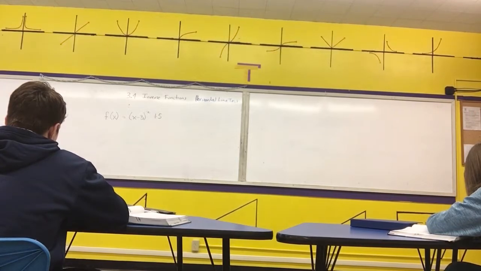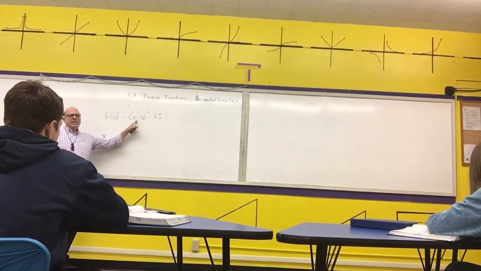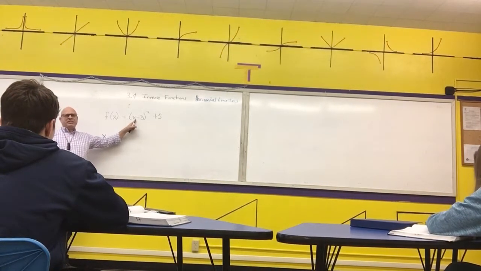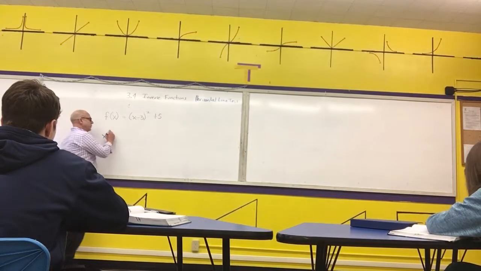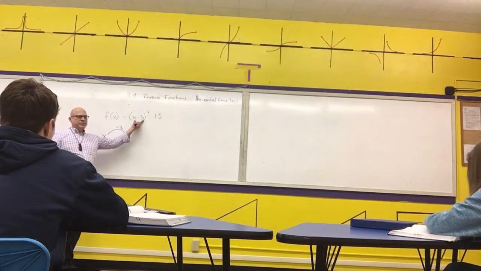So if I start with a number x here, what is the first thing that I do to the number x? Let's say I put a 4 in for x. What would be the first thing you would do to it in this equation? Subtract 3. That would give you x minus 3. Do you agree with that? Yeah. And then what are you going to do to the x minus 3?